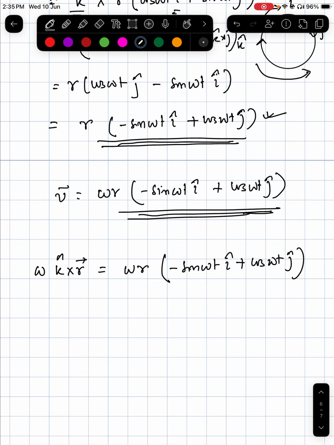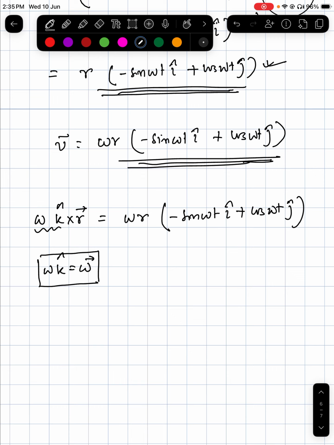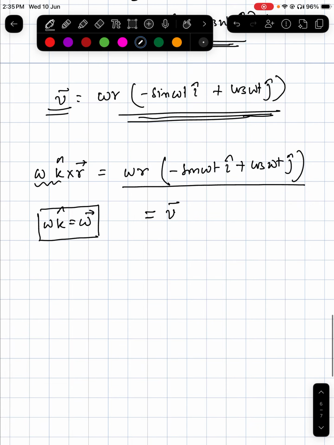Now what I'm going to do is write omega k cap as the omega vector. It is the first time I'm writing an omega vector in this topic. Before, we have not defined any such thing. And the right side, I can easily write as the velocity vector, right? So we have found omega vector cross r vector equal to v vector.